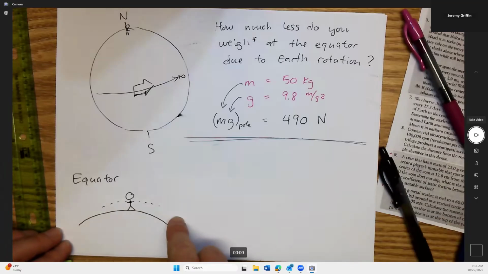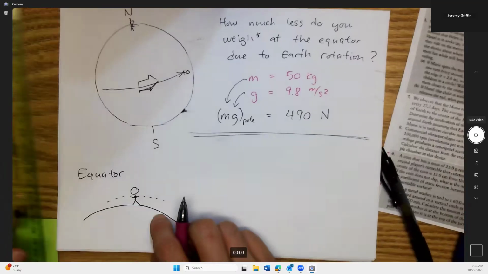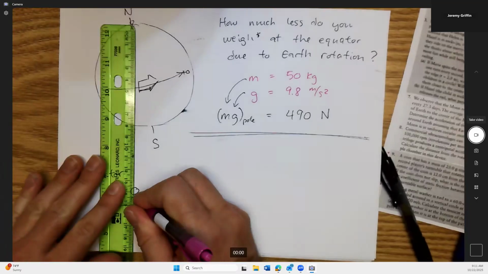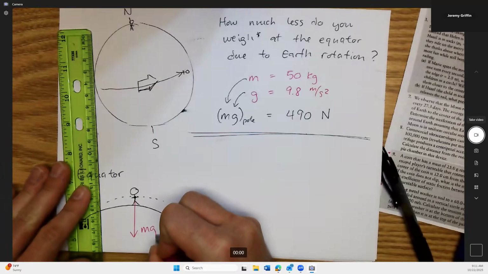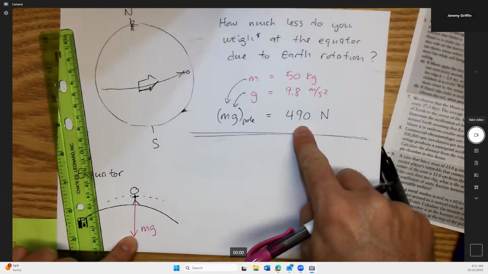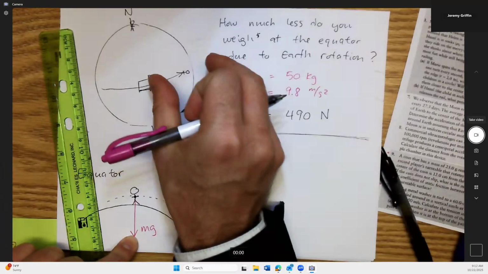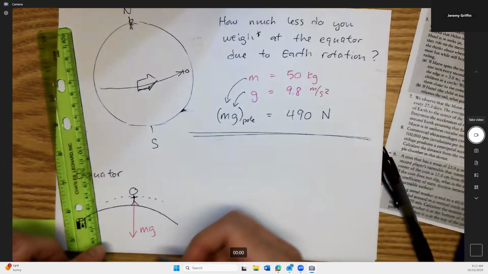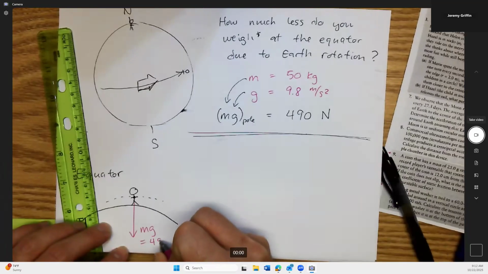The fact that he's moving on a curved surface? Not quite. So let's do a free body diagram. What force is pulling him straight down? Yeah, mg. And actually, would that basically be 490 newtons? In truth, the radius does bulge a little bit at the equator, but we're going to call it 490 newtons.